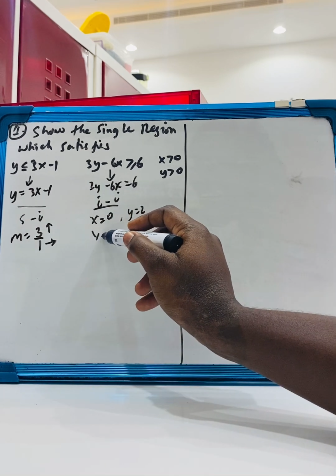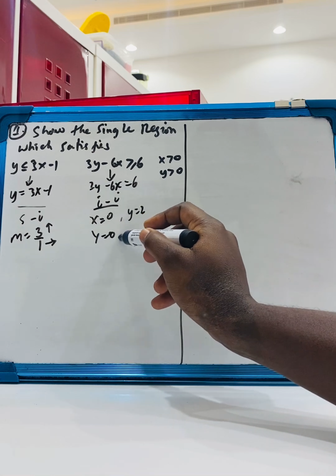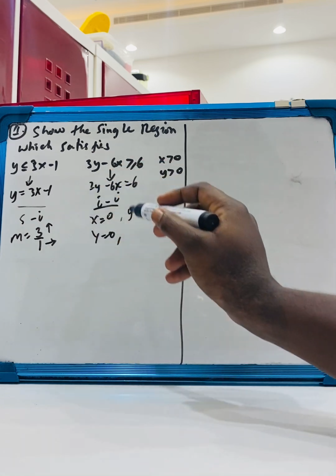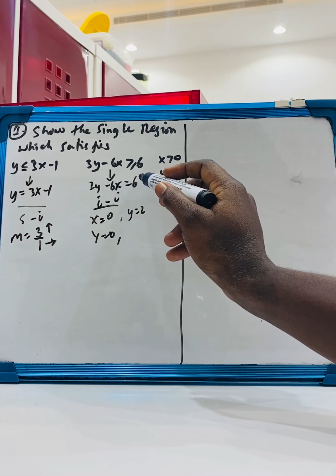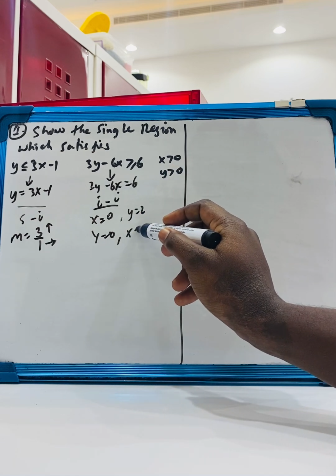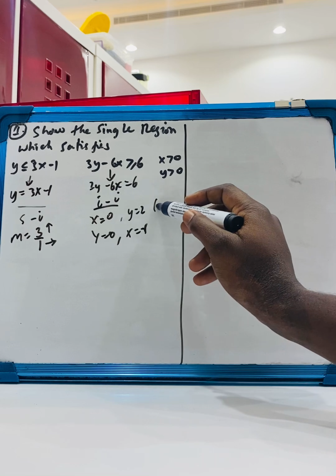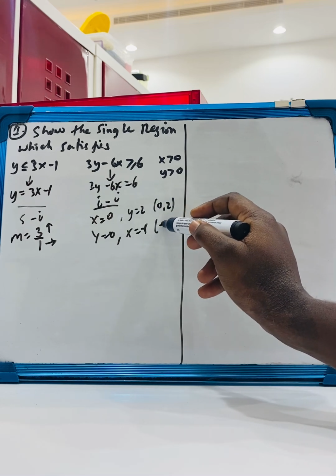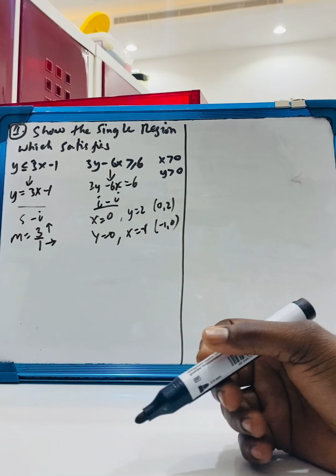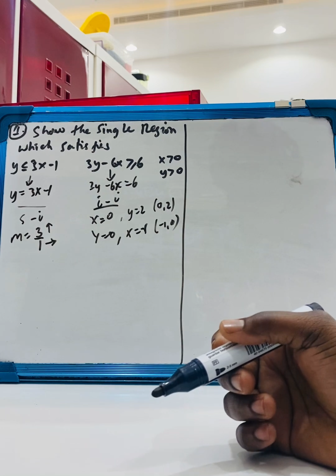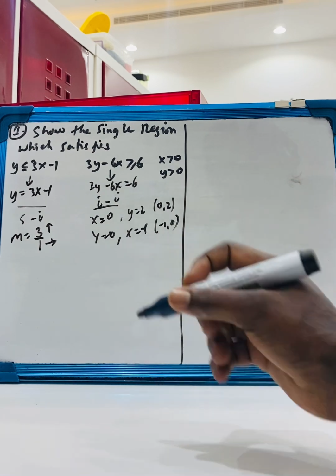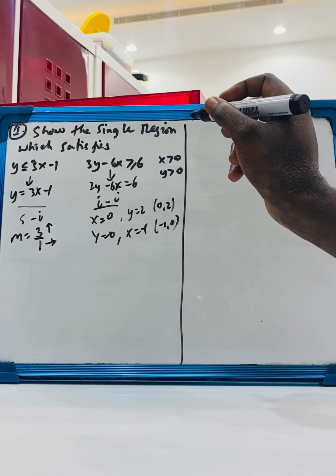Now when y is 0, the whole of this goes to 0. Negative 6x equals 6, then x is negative 1. So I have the 2 points, (0, 2) and (negative 1, 0). So right away, I can draw these lines.